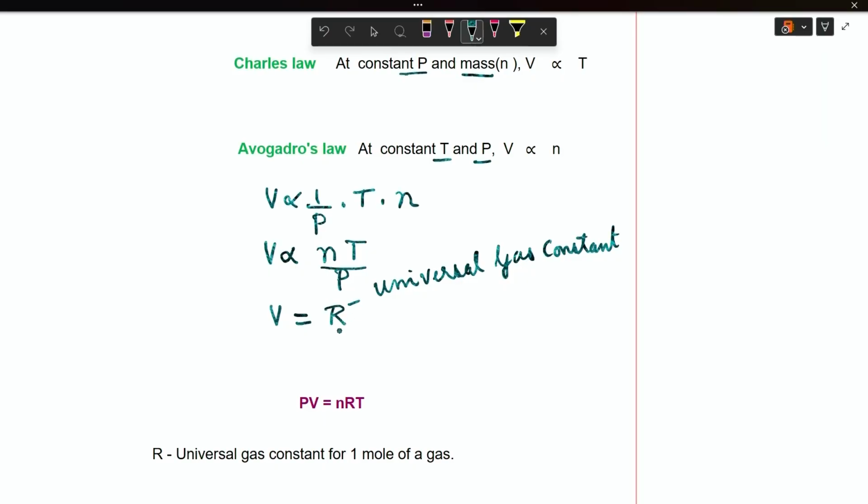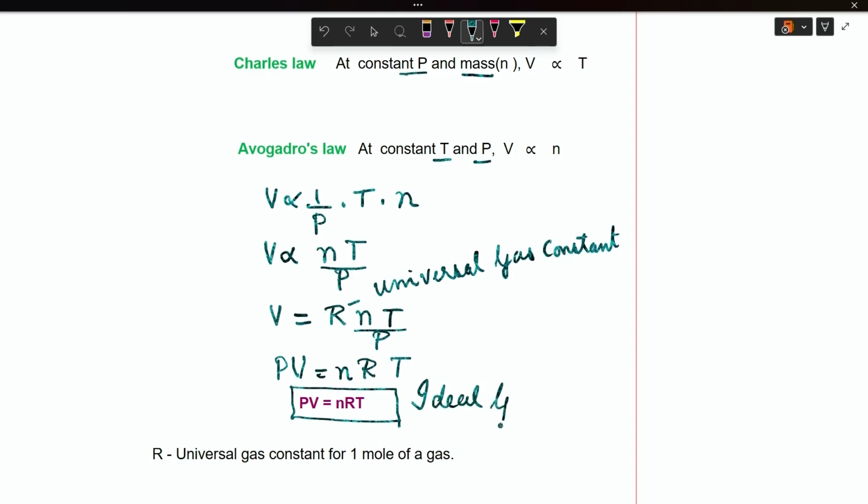So R is taken as the proportionality constant, with N into T by P. Rearranging, taking P over here, you have PV is equal to NRT. This equation is known as the ideal gas equation, because it is derived from Charles' law, Boyle's law and Avogadro's law.